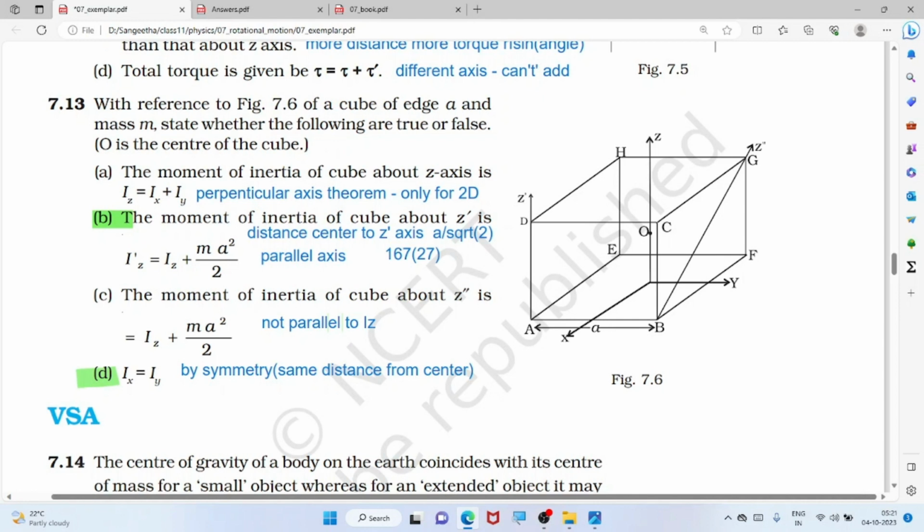For the moment of inertia of the cube about the z-axis, the distance from the z-axis is a divided by square root 2. When you square this, it becomes a square by 2. The new moment of inertia equals the moment of inertia through the center plus M a square, which is the formula. So here it is a by root 2, so a square by 2.